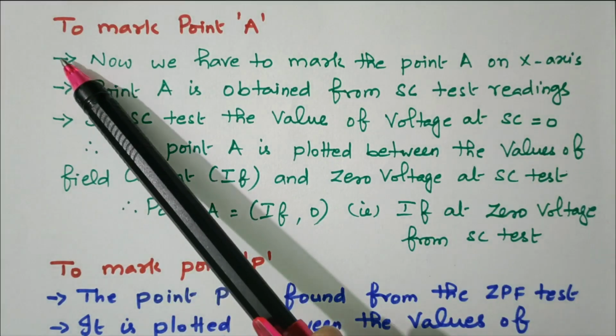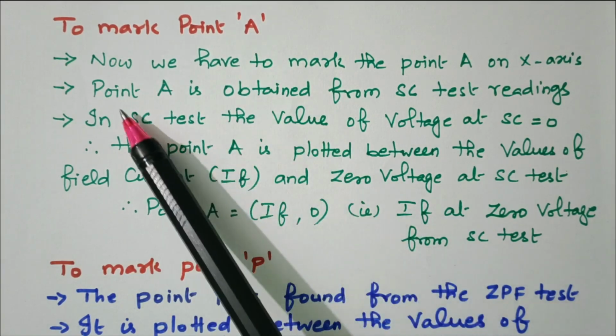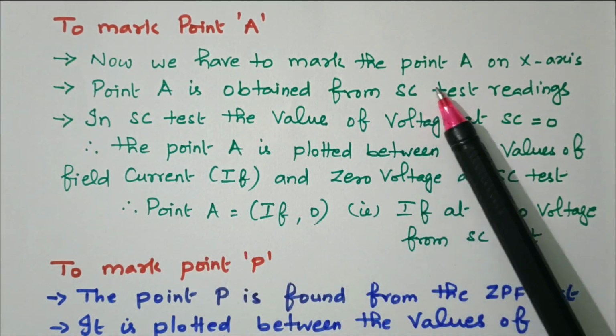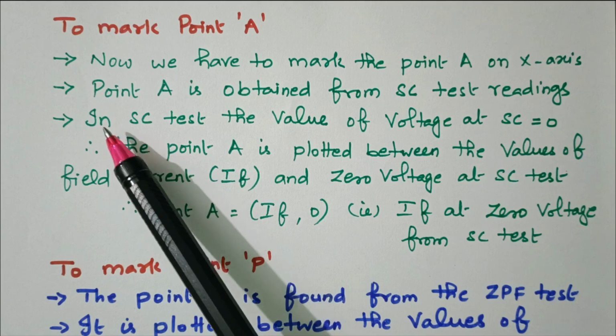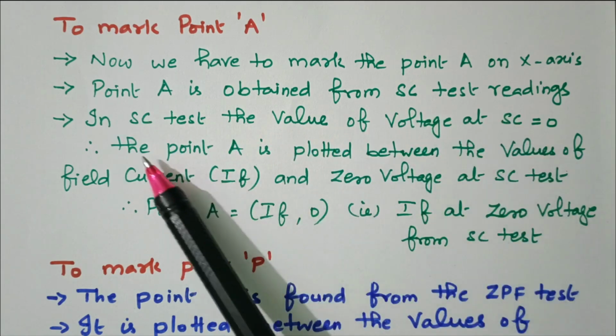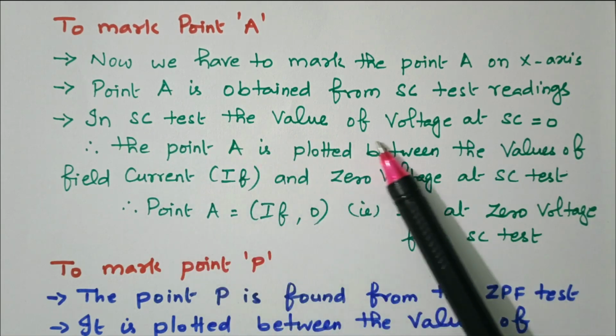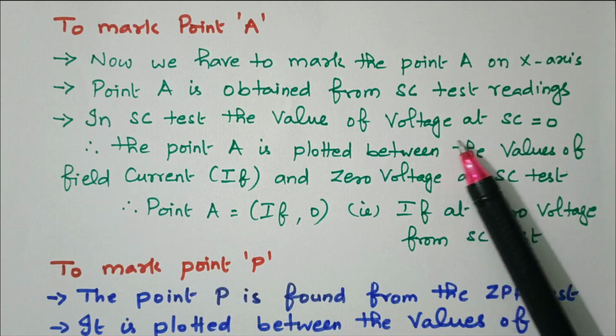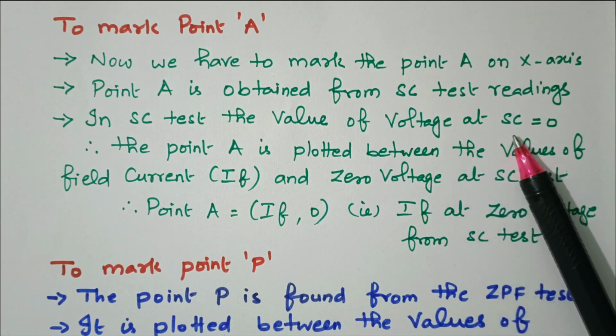Now we'll see how to mark the point A. Now we have to mark the point A on the x-axis. Point A is obtained from the short circuit test reading. In the short circuit test, the value of voltage at short circuit is equal to 0.